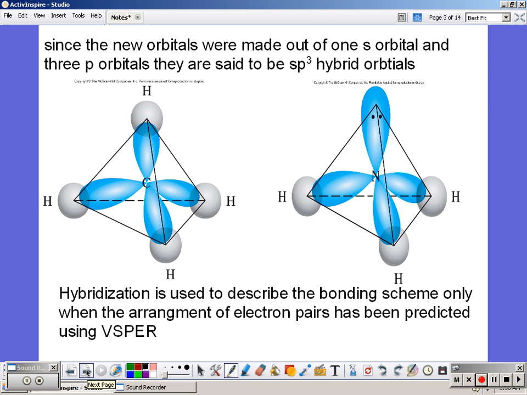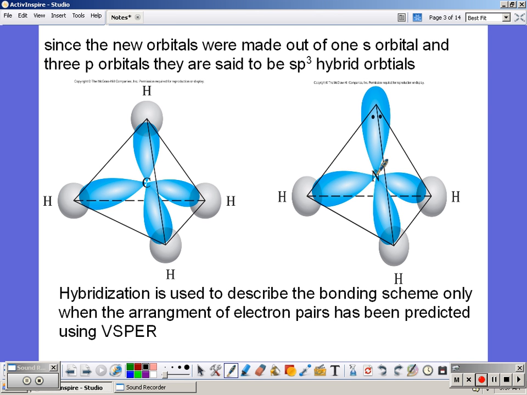Hybridization is used to describe the bonding scheme only when the arrangement of the electron pairs has been predicted by VSEPR. In other words, all tetrahedral shapes are going to be sp3 hybridized. Even if it's not tetrahedral because of four atoms, if you have four electron groups, which would include a lone pair, you're still going to be sp3 hybridized.